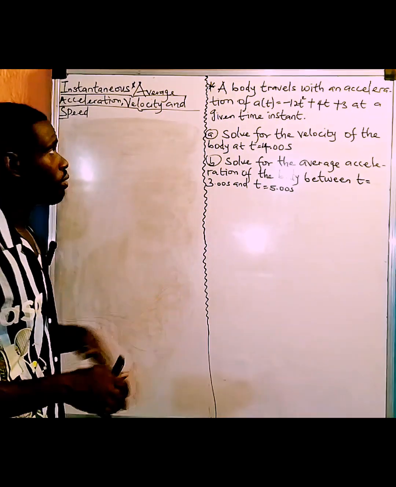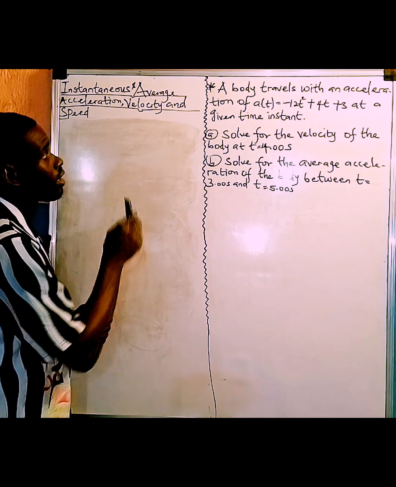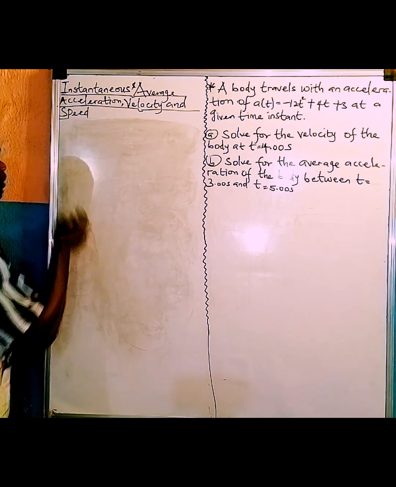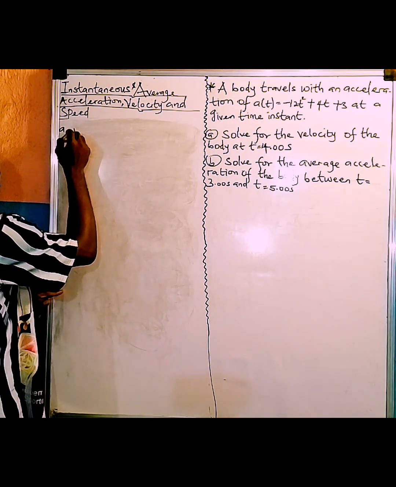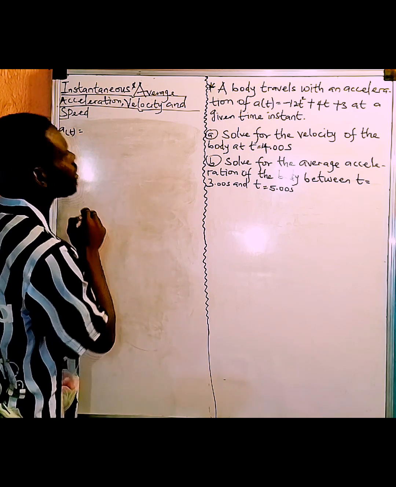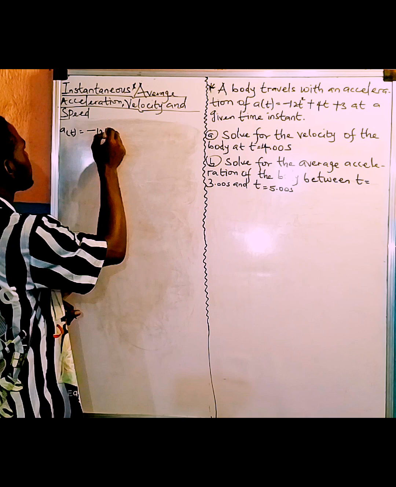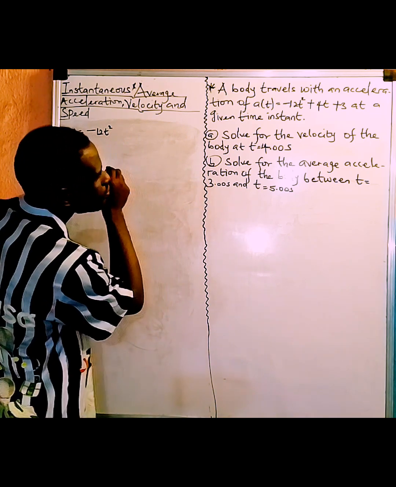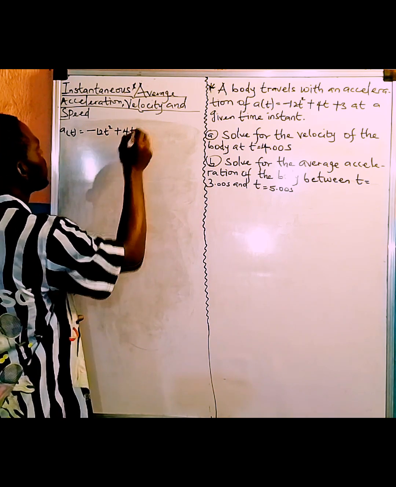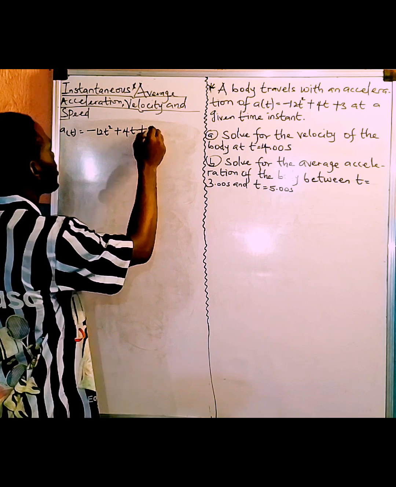Now it's very simple. The first thing you have to do is to write out the equation we are given. We're given acceleration at this time interval to be minus 12t squared, plus 4t, then plus 3.